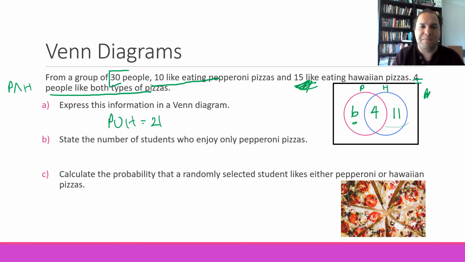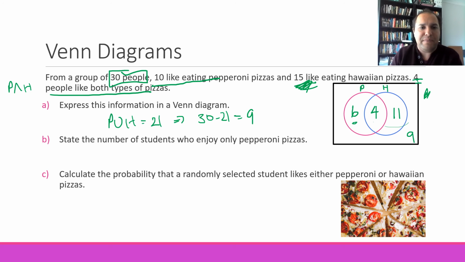Now in our question, there was a survey of 30 people. So if we take away the 21 that are inside our union, there are 9 people who are left who don't like pepperoni and who also don't like Hawaiian pizzas. And there's our Venn diagram.